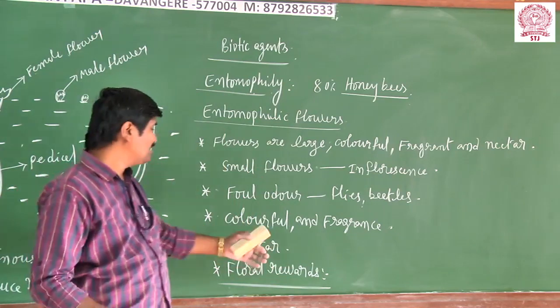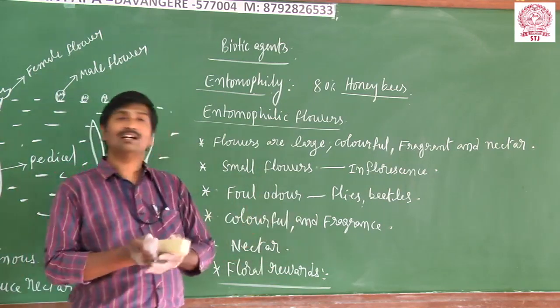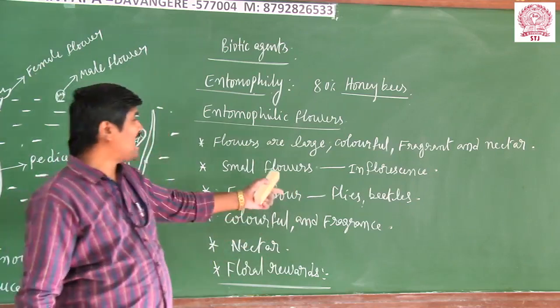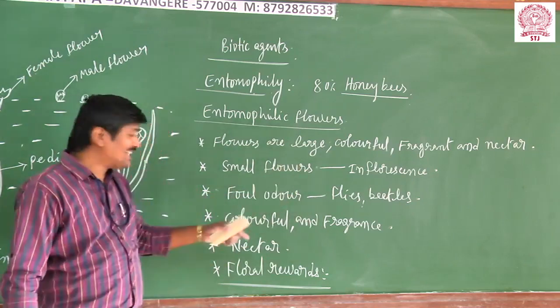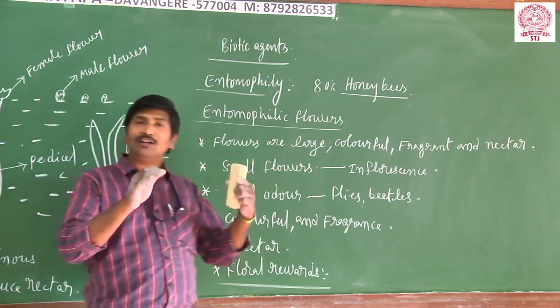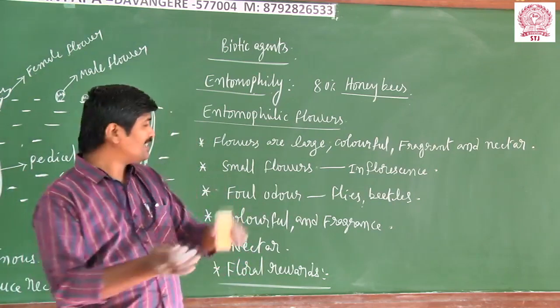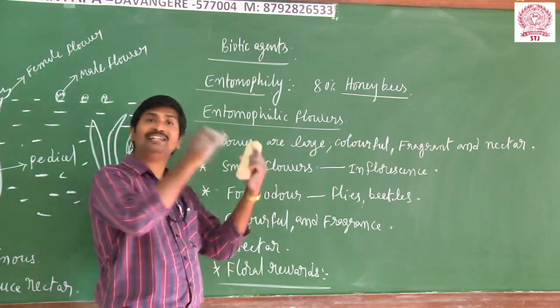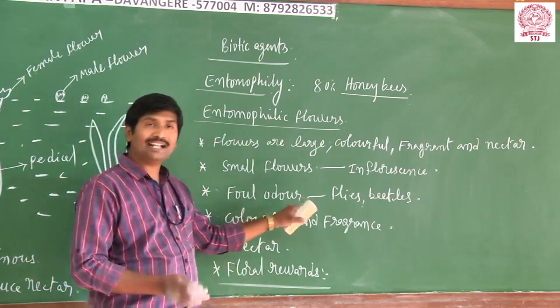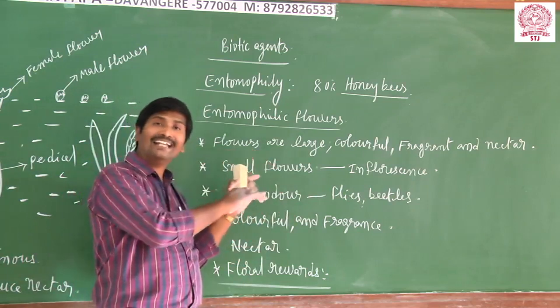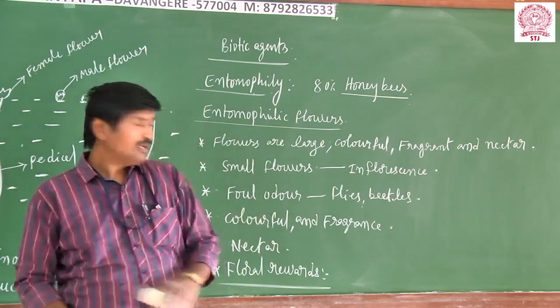That is the reward for the animal visitors. At that time the pollen grains attach to the insect or animal body, and when that same animal visits another flower, the pollen grains are deposited on the stigmatic lobe.